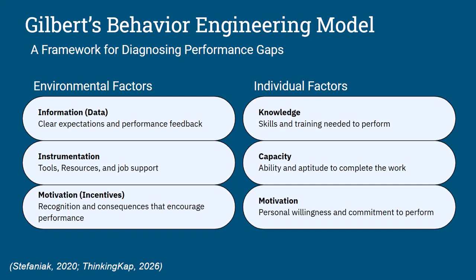The first 3 factors focus on the work environment: whether employees have clear expectations and feedback, the necessary tools and resources, and incentives that reinforce successful performance. The remaining 3 factors examine the individual, including their knowledge and skills, their capacity or ability to perform the work, and their motivation to do so.